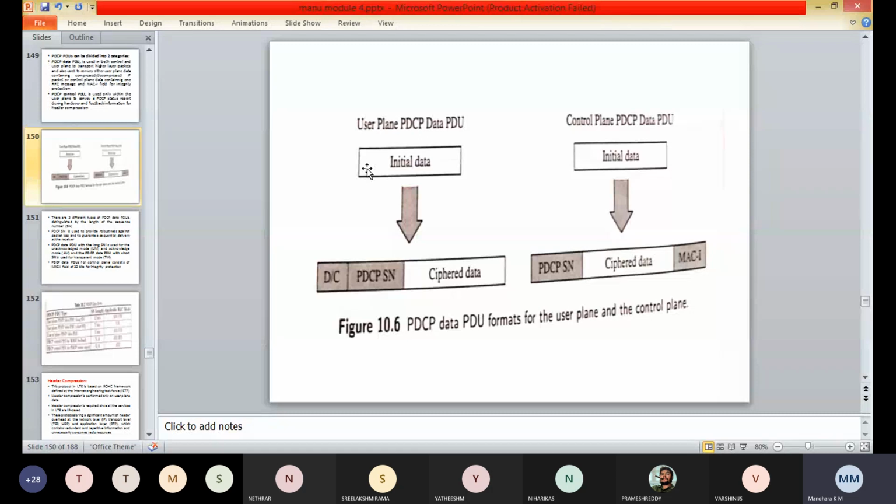The PDCP SN is used to provide robustness against packet loss and to guarantee sequential delivery at the receiver. Here is the PDCP data PDU with the long SN, and with the short SN.